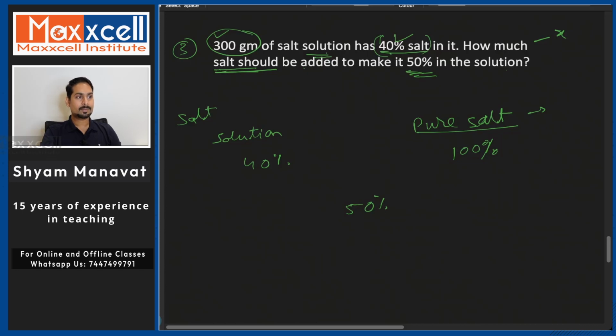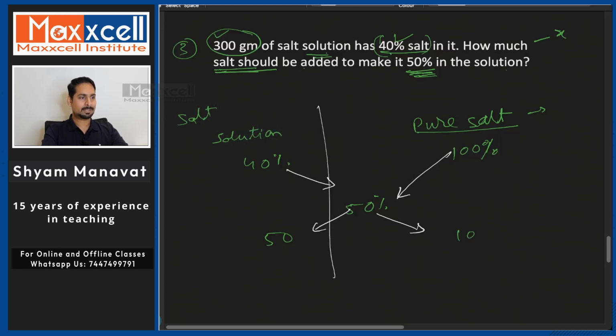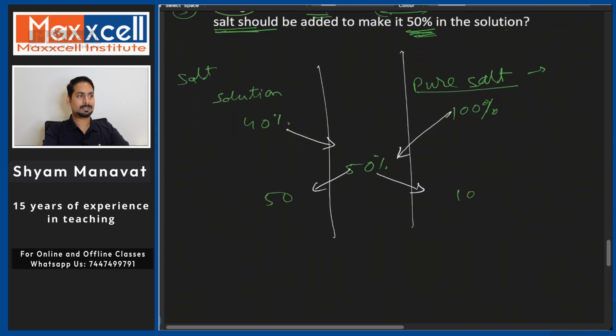So now you write 40% here, 100% here. Now you just take the cross difference. The cross difference is 50. And here the cross difference is how much? 10, right?